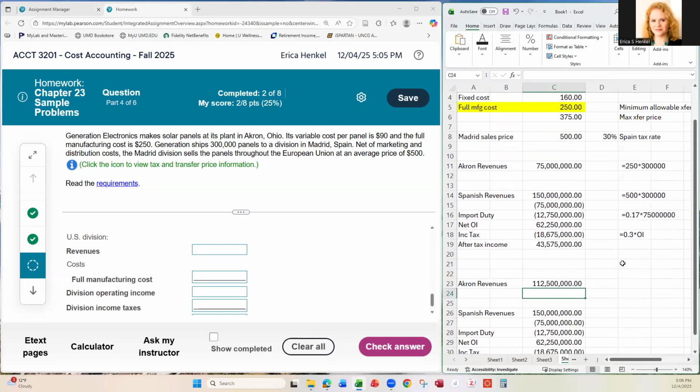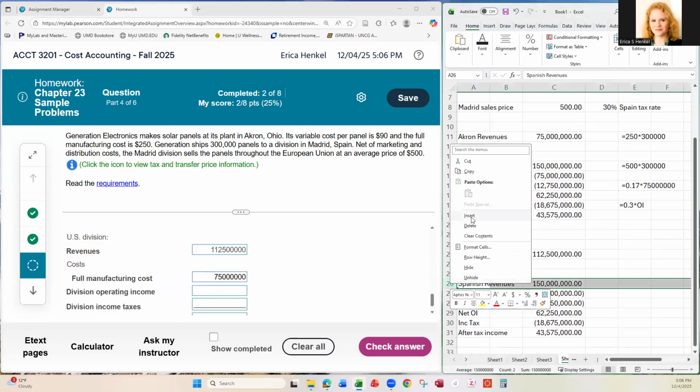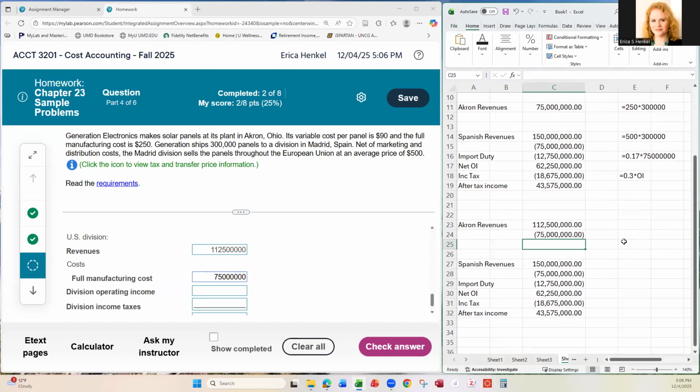So 112,500,000. Our full manufacturing cost is the same, 75 million. So that gets us to income here of 37,500,000.